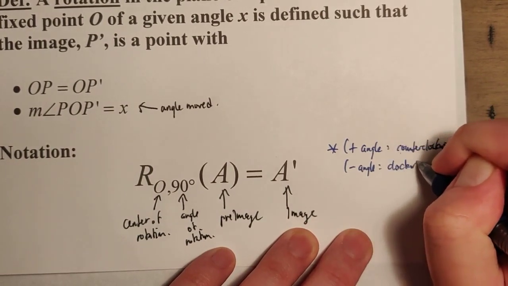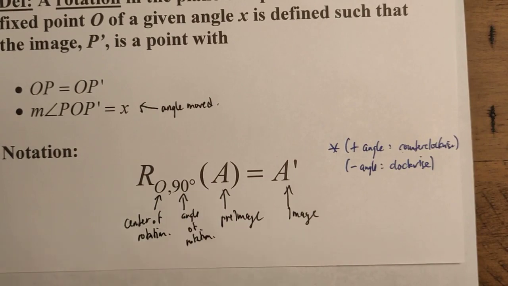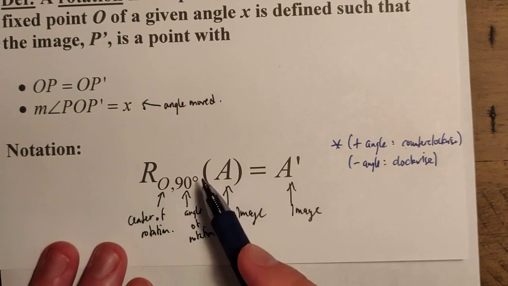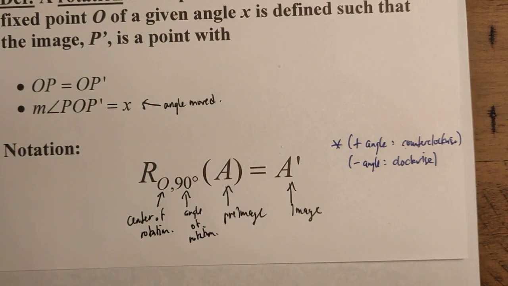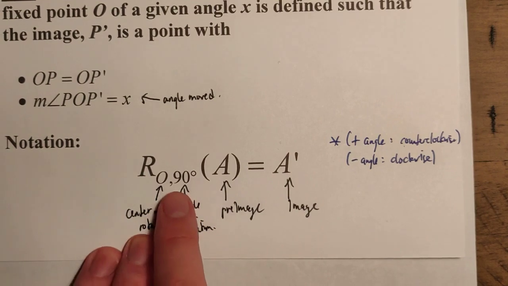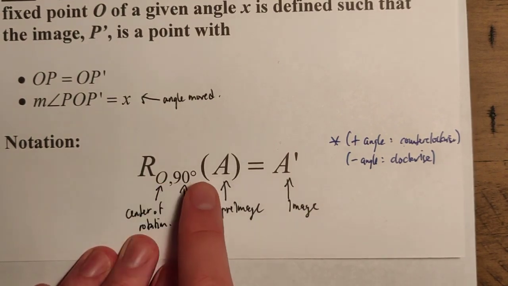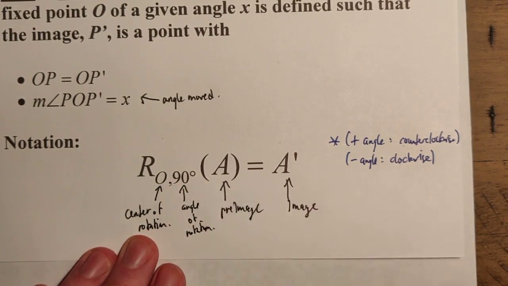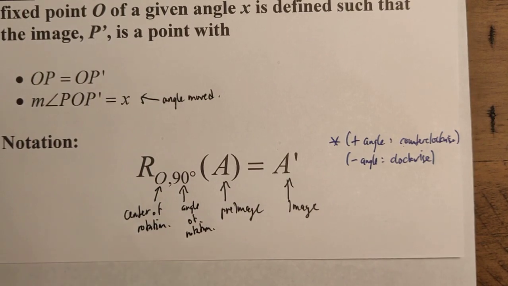So by putting in the sign of the angle, this bakes in the direction that we're going. We can go either clockwise or counterclockwise based on the sign of that angle. So in this case, this is a rotation around the origin, counterclockwise 90 degrees of point A, which will yield us point A prime. Okay, and after this, we're going to see how this works in the coordinate plane.